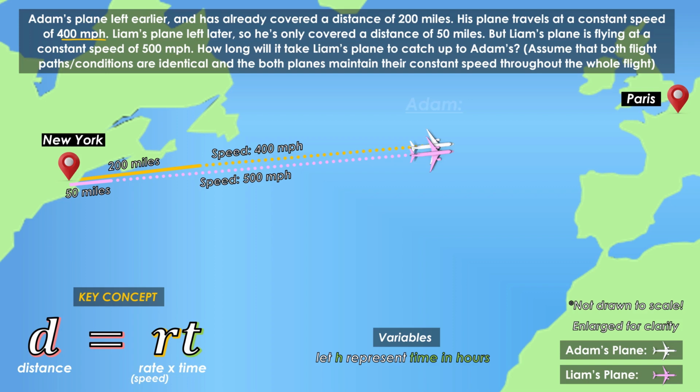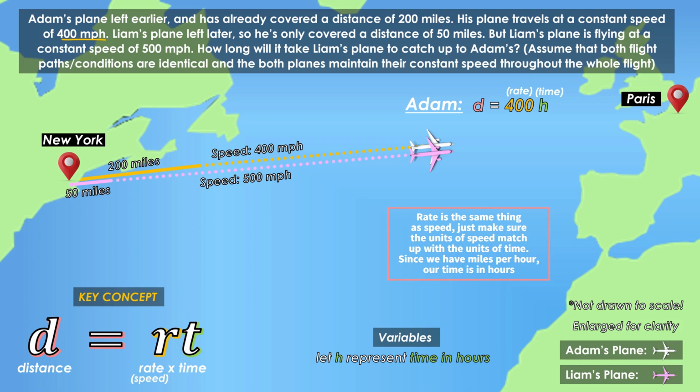So to calculate the distance traveled, we can multiply 400, which is the rate, times h, which represents time. That's because distance equals rate times time, and rate is the same thing as speed. And since we know that this solves for distance, our second variable must represent distance.